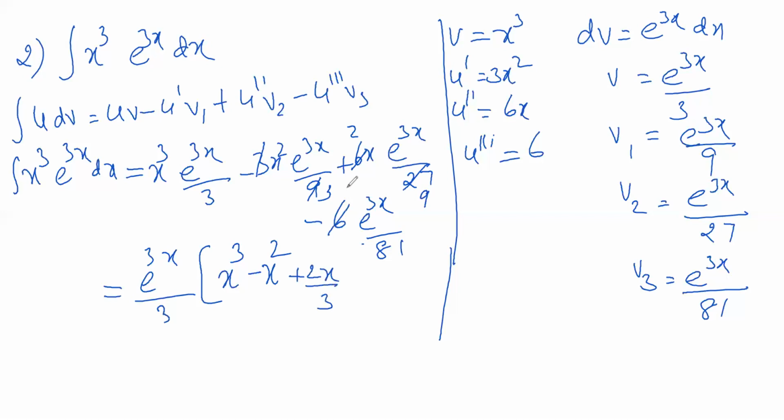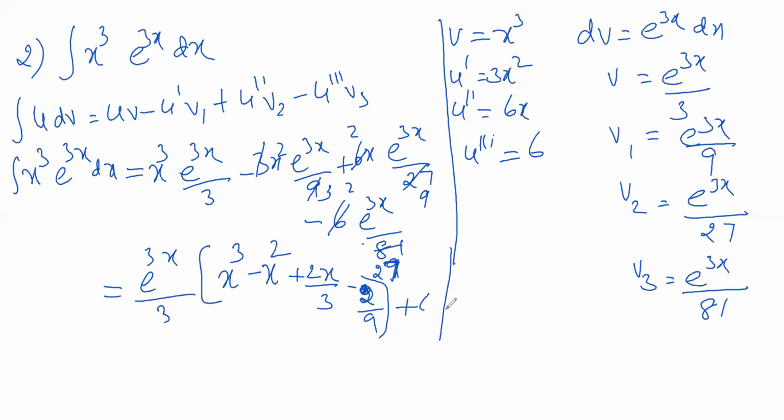Then here 2 3s are 6, the third table 27, correct? When 3 comes outside, so remaining is simply 9. So taken e power 3x outside, so here it is 2, so minus 2 by 9.